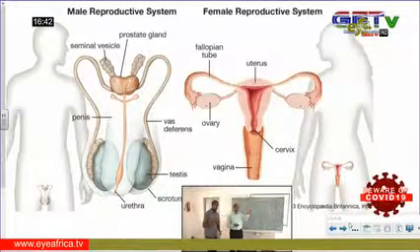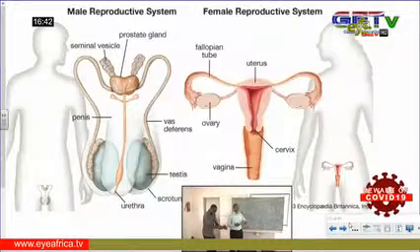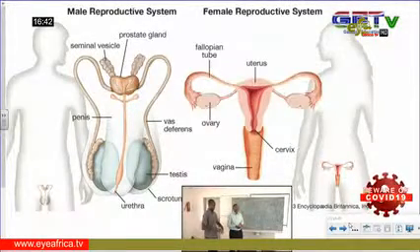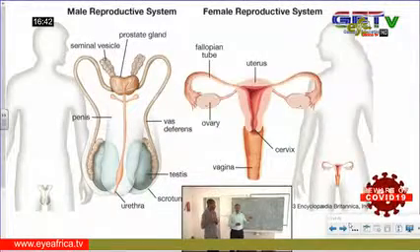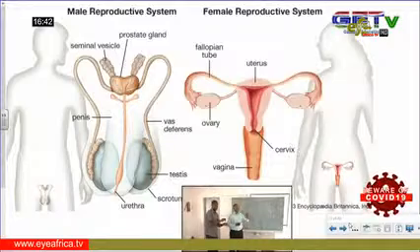The penis is faintly shown. And then, of course, the scrotum is there enclosing the testes. If you look at the picture on the far left, you can see the position of the male reproductive organ.